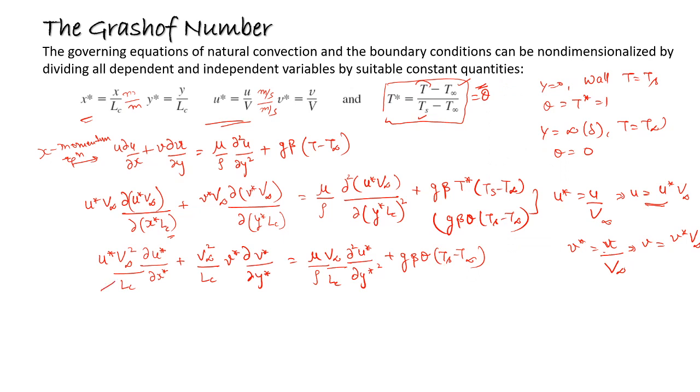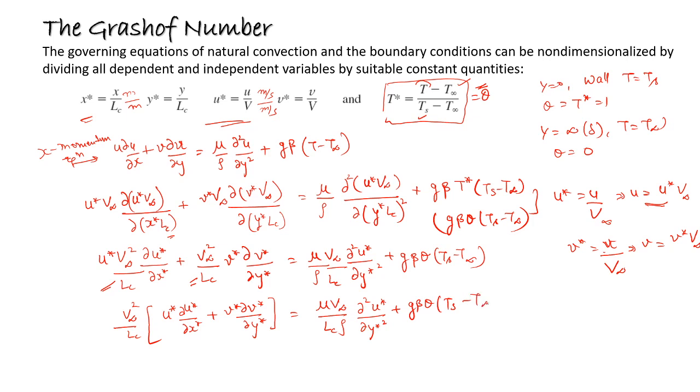Now you can see this V infinity square upon LC, which is velocity square upon characteristic length, is common, so we can take it together and write it like: u star derivative of u star over derivative of x star plus v star derivative of v star over derivative of y star is equal to mu V infinity upon LC rho times derivative square of u star upon derivative of y star square plus g beta theta Ts minus T infinity.